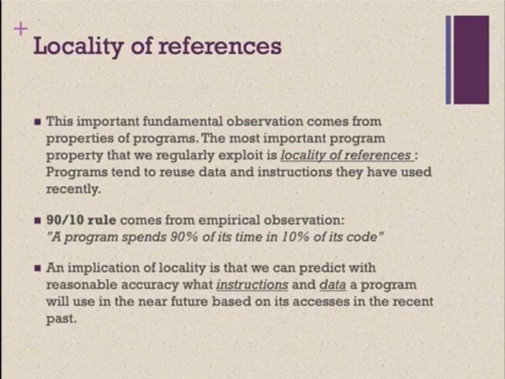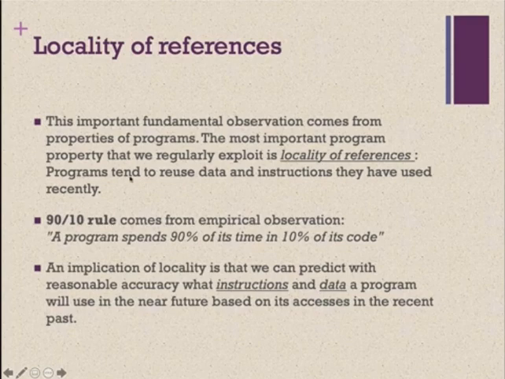Now, the last topic that I want to touch is locality of reference. Locality of reference is an important concept to understand the memory hierarchy. It is an important fundamental observation that comes from the property of programs. The most important program property that we regularly exploit is locality of reference.